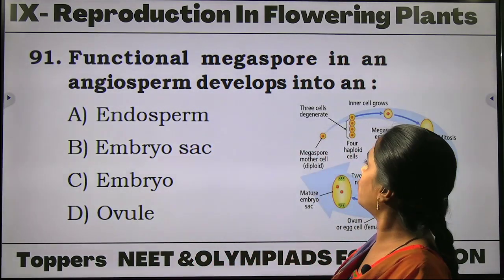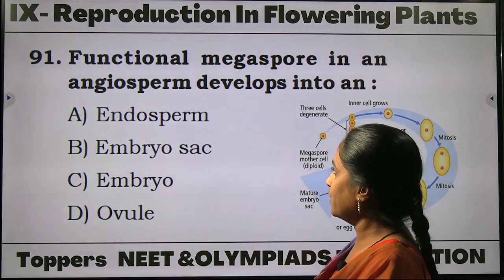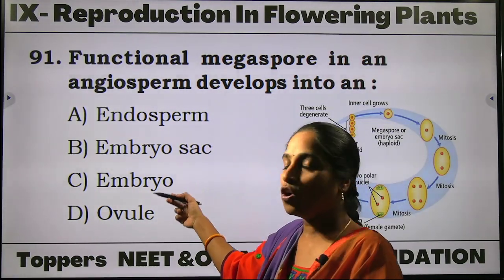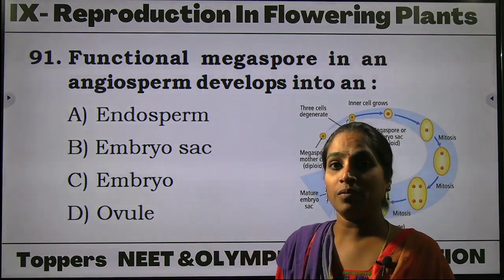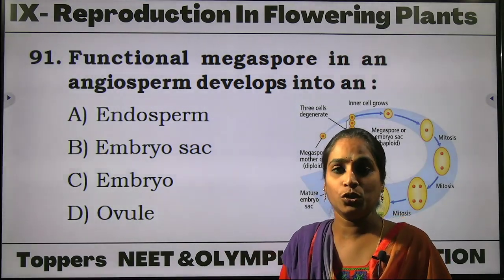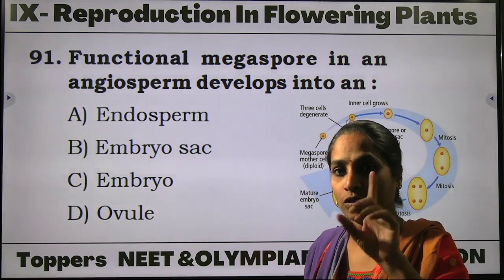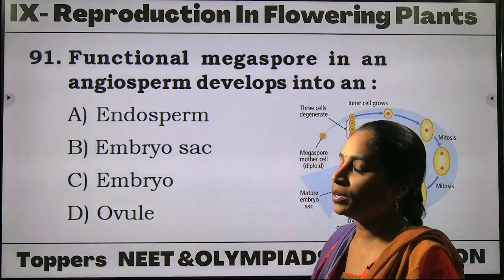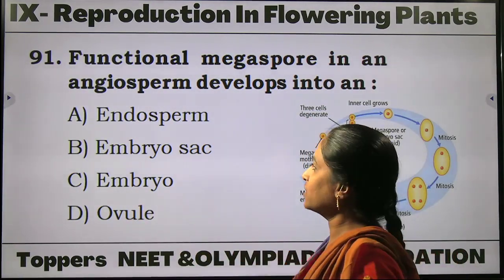Functional megaspore in an angiosperm develops into an endosperm, embryo sac, embryo or the ovule. Functional megaspore. What is functional megaspore? The megaspore mother cell will be dividing by meiotic division and forming the megaspore, a single monosporic megaspore. After the monosporic megaspore forms, it will be undergoing mitotic cell division.